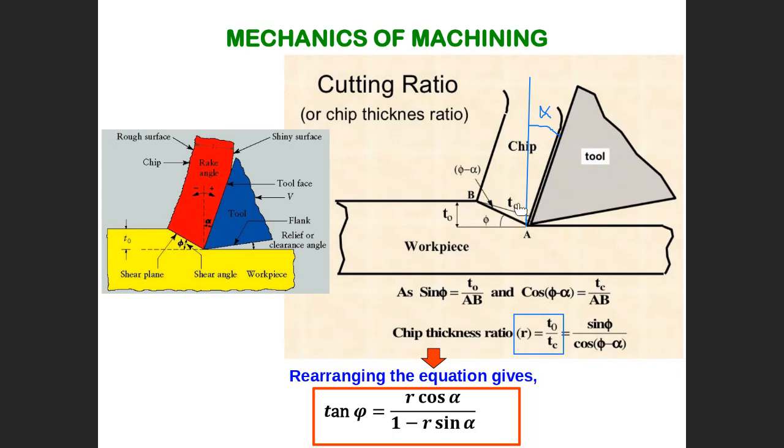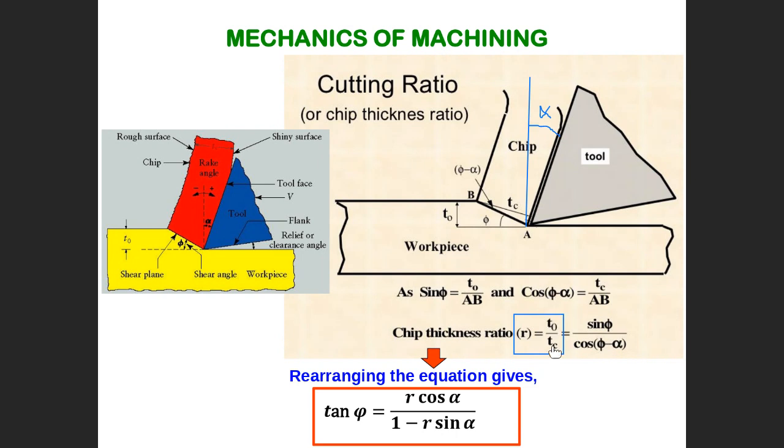Then sine phi equals T0 divided by AB. And also cosine of phi minus alpha, this angle, equals TC divided by AB. Then AB here and AB here. This is sine phi, this is cosine phi minus alpha.